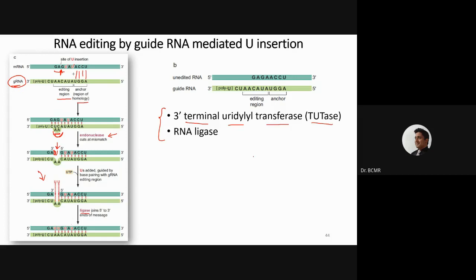So there are three components involved. One is the endonuclease, which makes a cut at the mismatch where the hairpin is formed. Then you have the TUTase, and then the RNA ligase. These are the enzymes that catalyze the reactions, and the guide RNA, small, is what determines where it should happen.